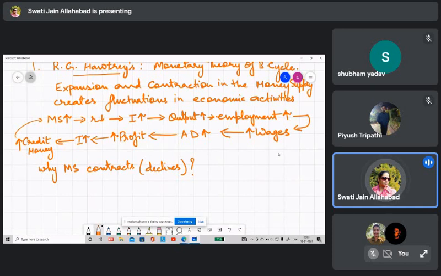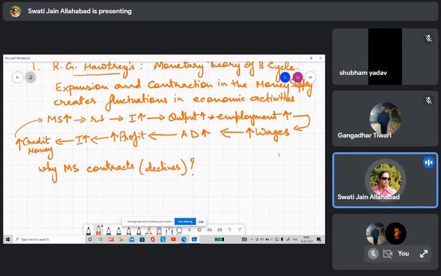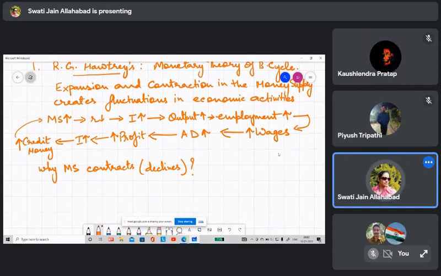The answer which Hawtrey is providing is that as credit money is created more and more, as credit creation increases in the economy, the borrowings or loans in the economy increase to a very high level. After a certain point, banks are asking their money back because they need money to lend further.